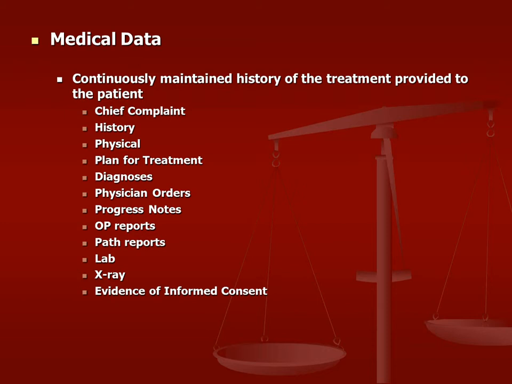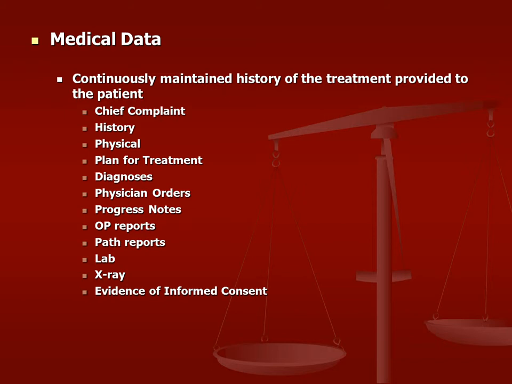The nurses also have a treatment plan on the patient, along with all the diagnoses, the orders, and the progress notes, not only from the doctors but also from any other healthcare providers that give care to the patient. If the patient has surgery, there are op reports and path reports, and testing such as lab and x-ray. All of that is considered medical data in the record.